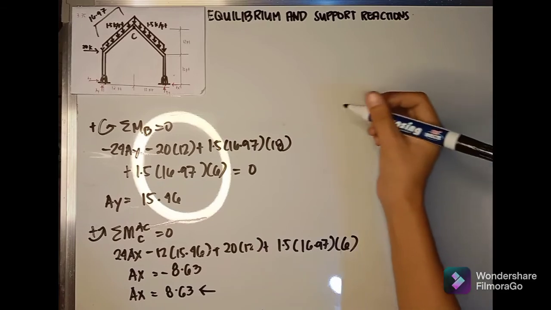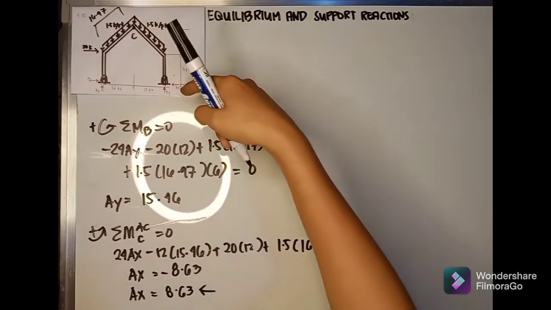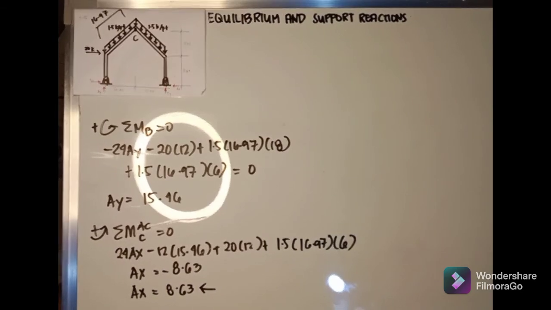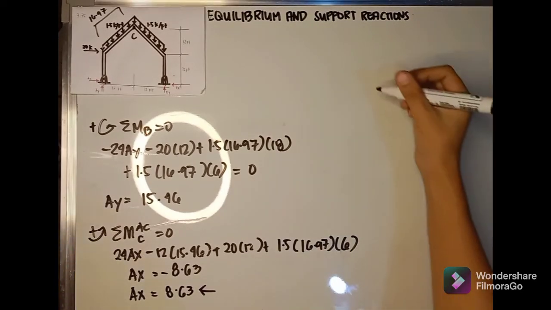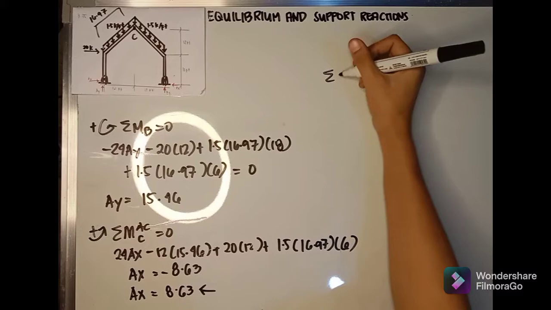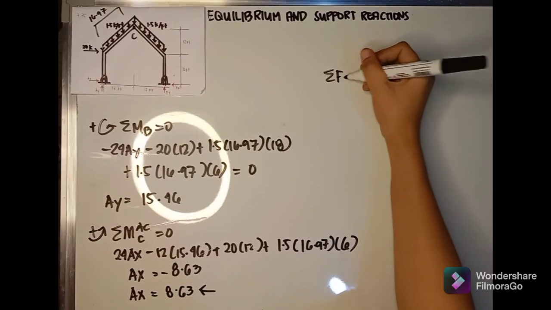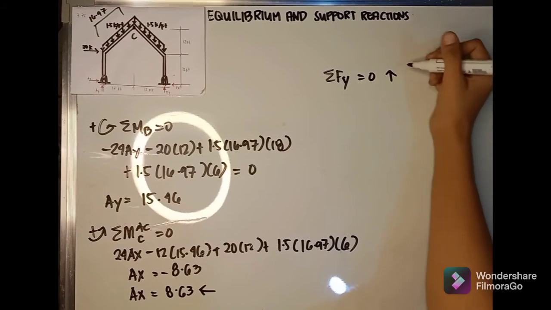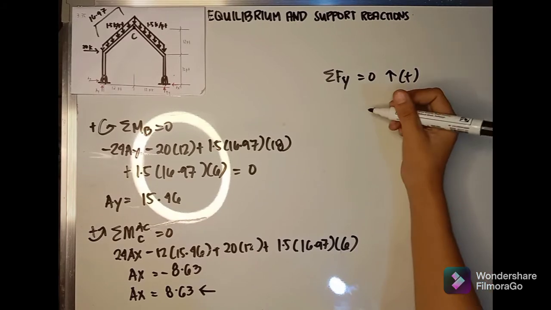With AX and AY, we can now use the horizontal and vertical equations of equilibrium to find the unknowns at point B. So, for BY, summation of forces vertical is equal to 0, upwards is positive.